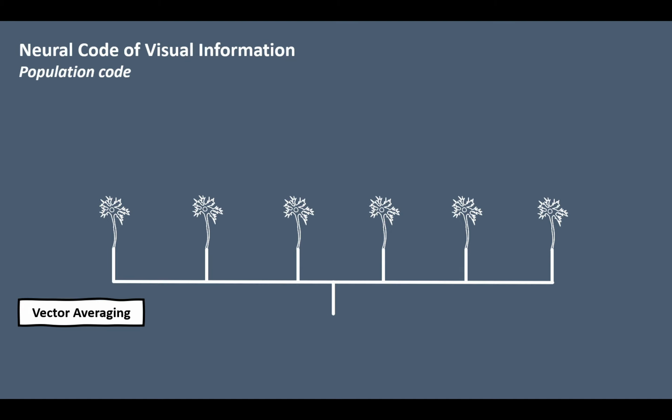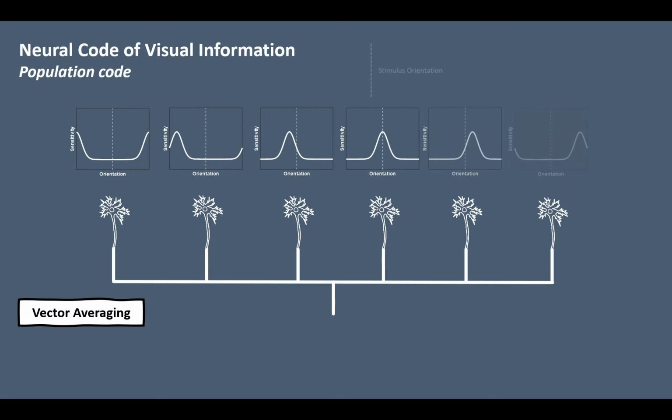Each neuron responds not just to a preferred stimulus, but rather to any line that falls within a range of orientations described by a Gaussian tuning curve with a particular bandwidth. A stimulus of particular orientation most strongly activates cells with tuning curves centered at that orientation.